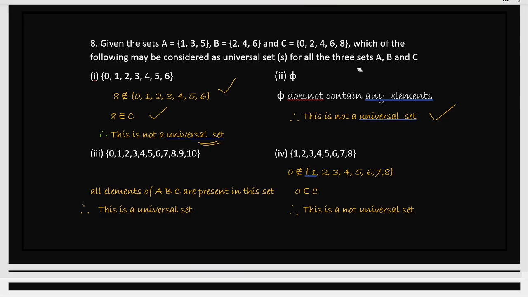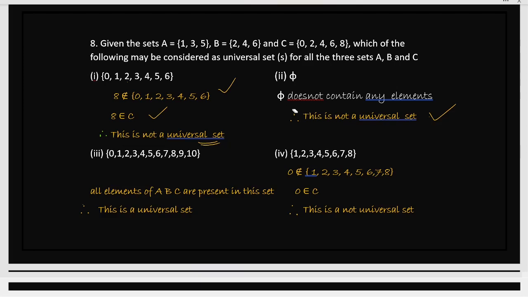A is 1, 3, 5, all present in this set. B, 2, 4, 6 are present in this set. C is 0, 2, 4, 6, 8. 8 is missing, 8 does not belong to this set but it belongs to C. So this cannot be a universal set.